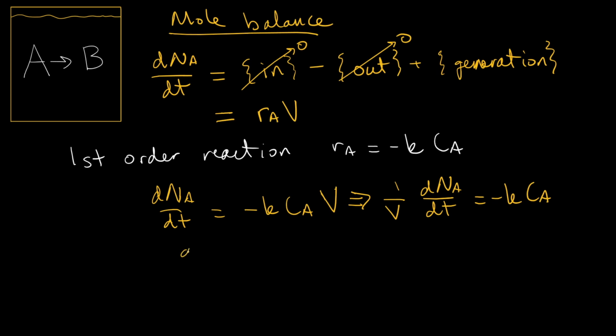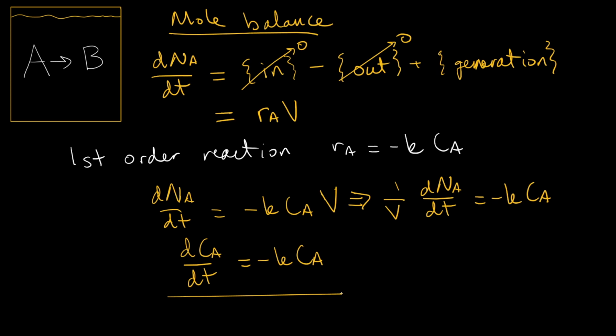So then this becomes dCA/dt is equal to negative k CA. And this is a differential equation that we can solve. So we can solve this right here in terms of our concentration, come up with our concentration as a function of time. But for this problem, we're going to try to rewrite this in terms of conversion, which is a dimensionless quantity, and see how we can solve that problem. And you'll find out that the two solutions end up being exactly the same, but just written in terms of different variables.